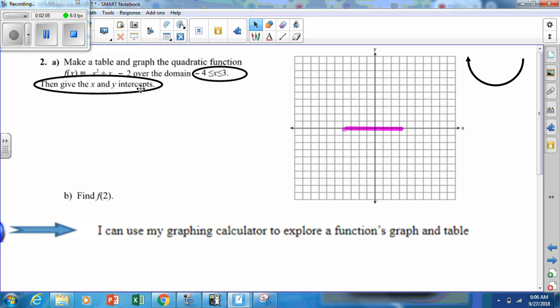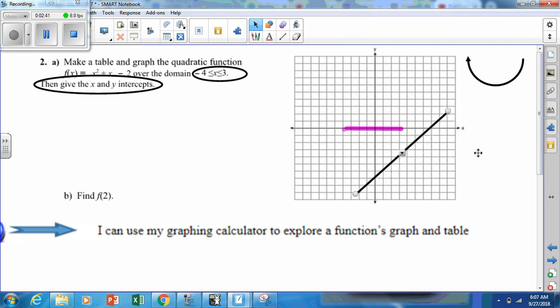But having just drawn some examples, I realize I'm wrong. We're always going to have an x and y intercept when we have a linear function.